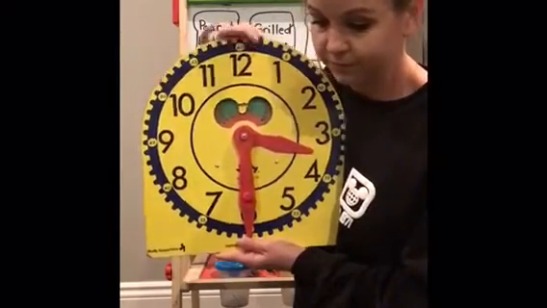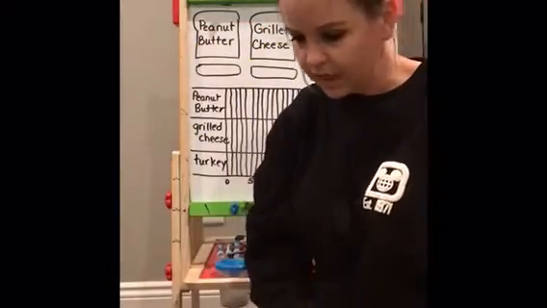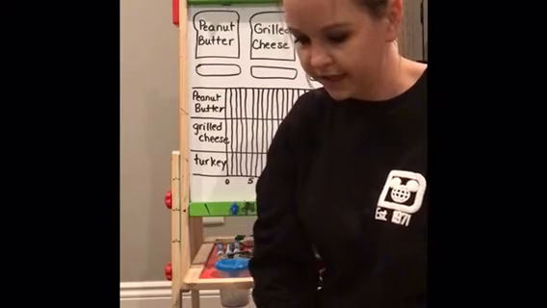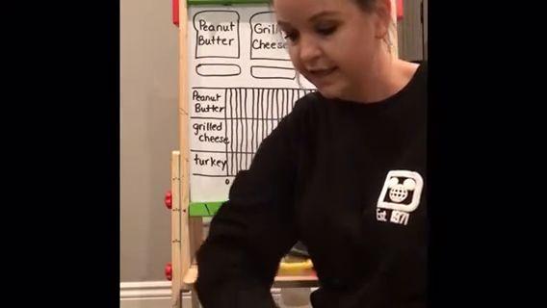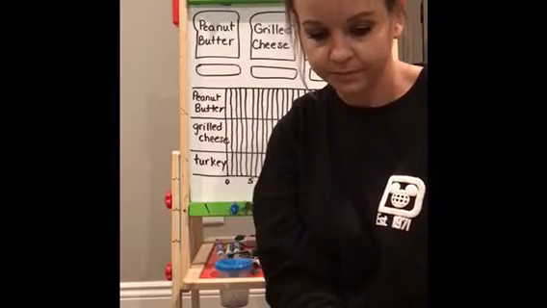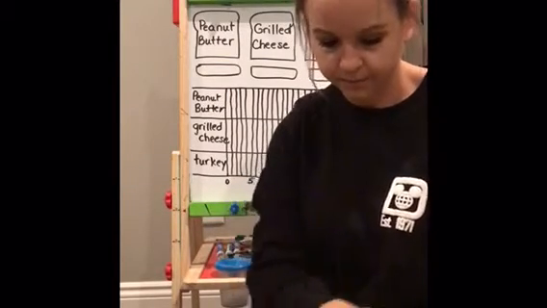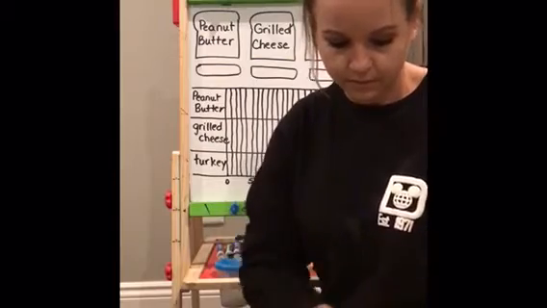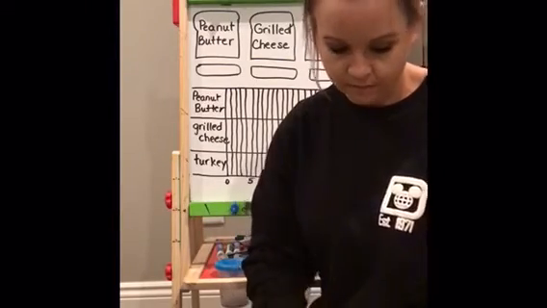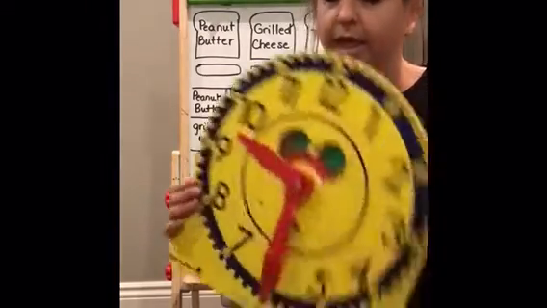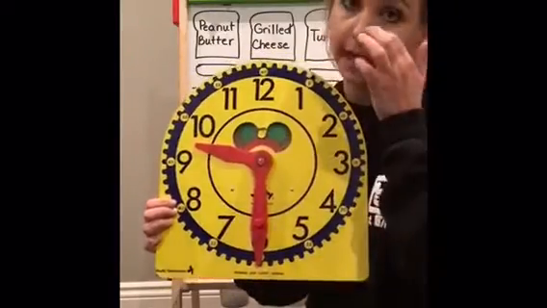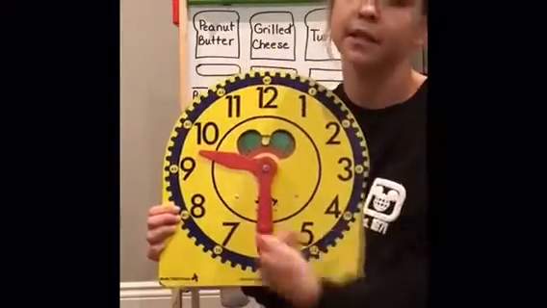Very good. Now let's set our clocks to the next time that it gives us. It says 9:30. So I'm going to set mine to 9:30, and we want to see what time it would be if 30 minutes has passed.